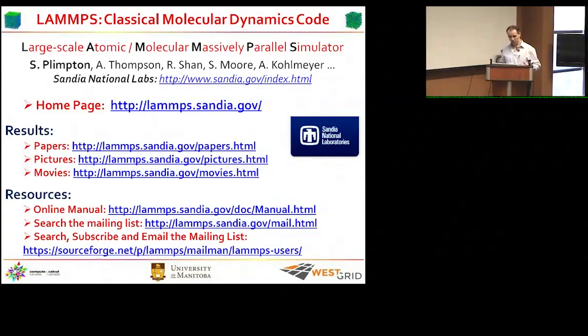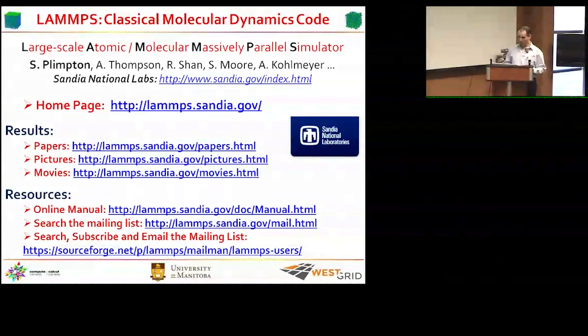For example, to see what people have done using LAMMPS, there are some results. All the papers published using LAMMPS can be found on the website, on this link. There are some pictures and movies where you can see what people have done using LAMMPS.